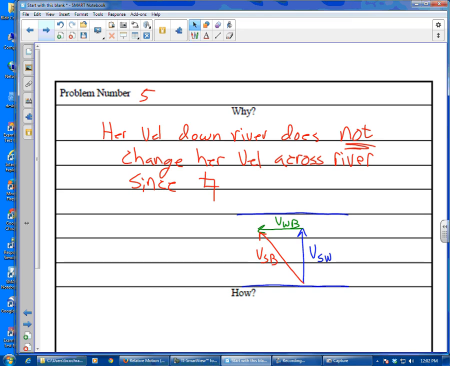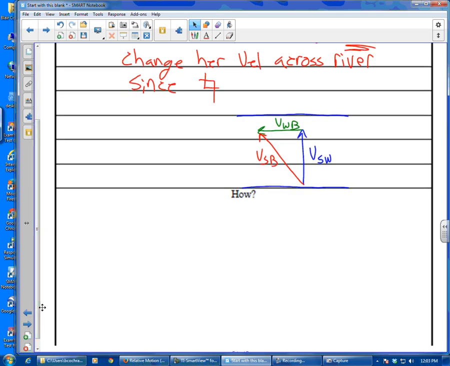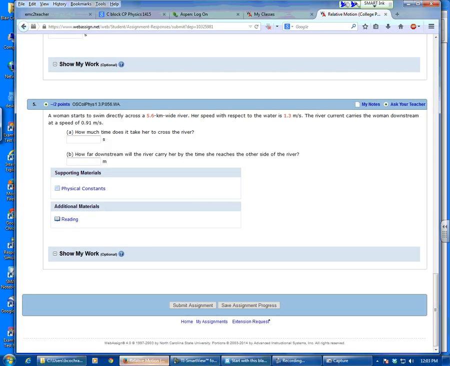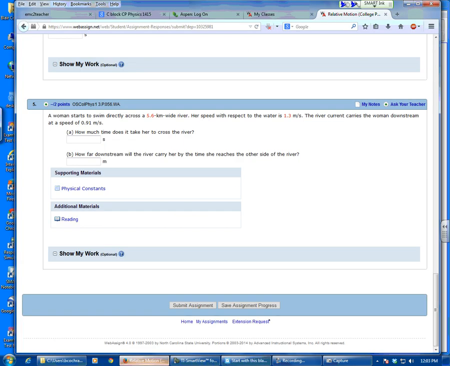Just like we had last time, just this time, I've got to do it myself. So, the velocity of the swimmer relative to the water is 1.3 meters per second. I think, right? Did I read the wrong one? 1.3.